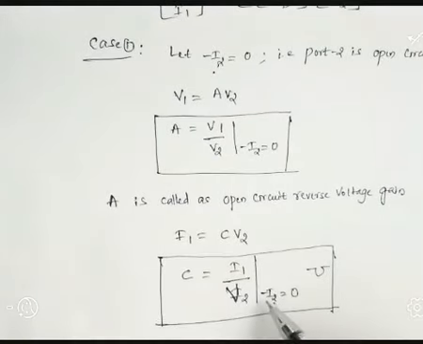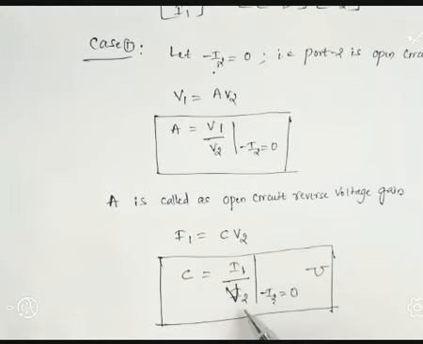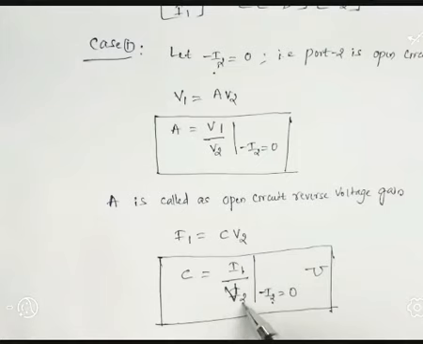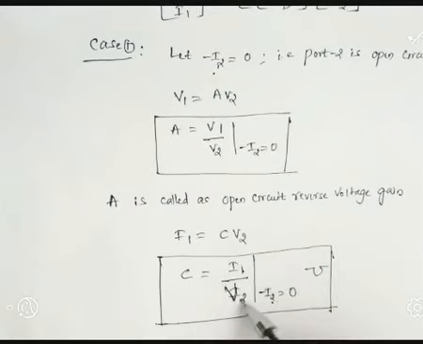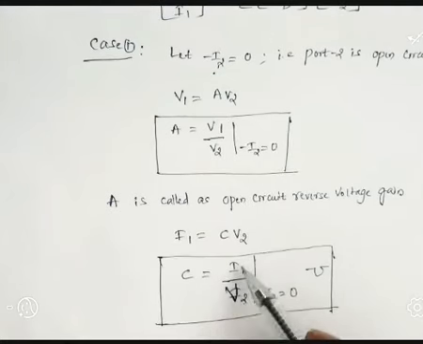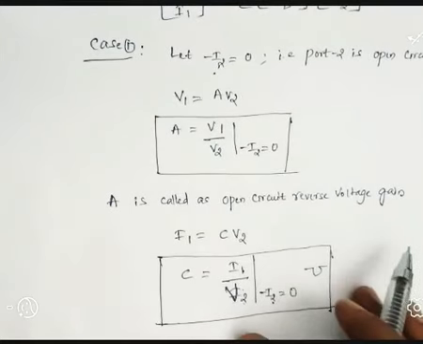One indicates the input parameter, two indicates the output parameter. It is the ratio of input parameter by output parameter, hence it is the reverse. I2 equal to 0 means open circuit. Input by output, so reverse. It is the ratio of I by V, so it is called admittance.